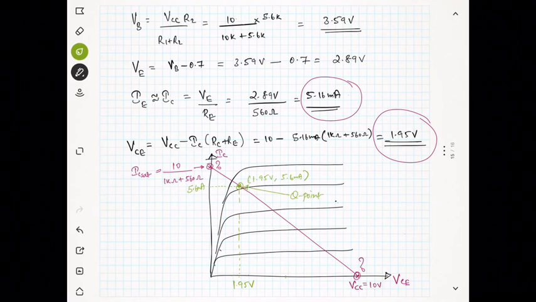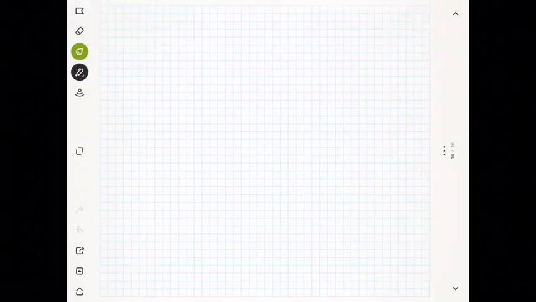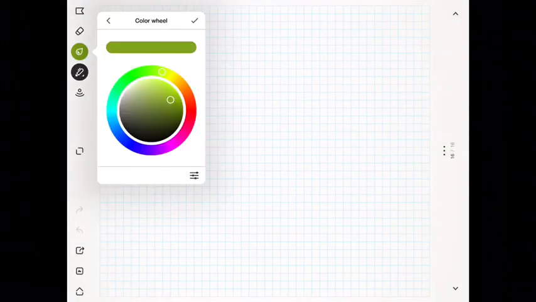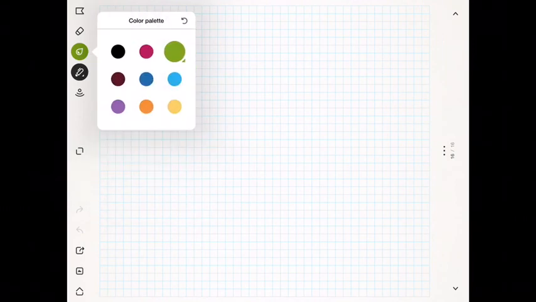Okay, now what is the speciality of this circuit? You can see how we can explain the stability of the circuit.